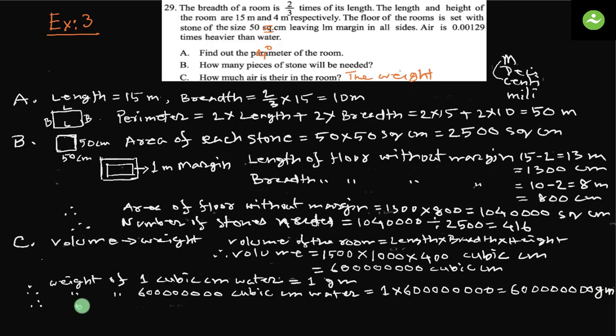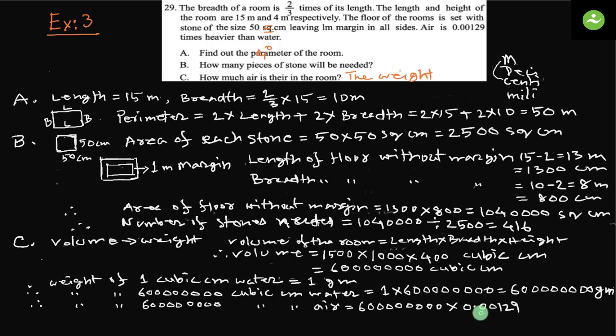Therefore, weight of that many cubic centimeter air. Now from water to air, we know it is 0.00129 times heavier. So we multiply 6 then 8 zeros by 0.00129.